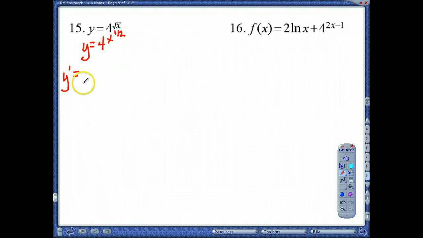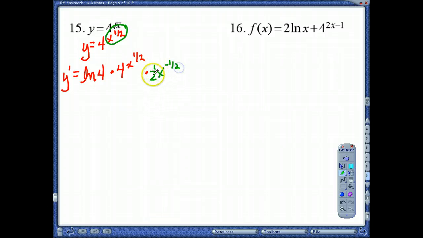My exponential has a base of 4, so I'm starting it off with the natural log of 4 times my exponential as is. Then I'm going to multiply by the derivative of the exponent. My exponent is x to the 1/2 power, so that would be 1/2 x to the negative 1/2 power.